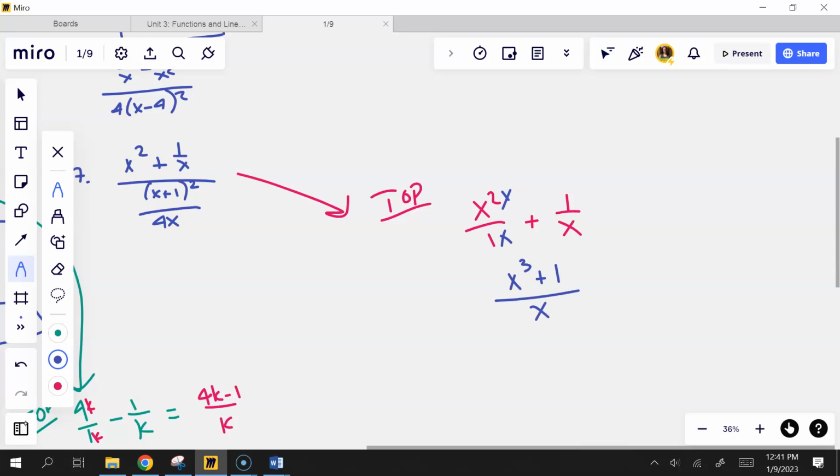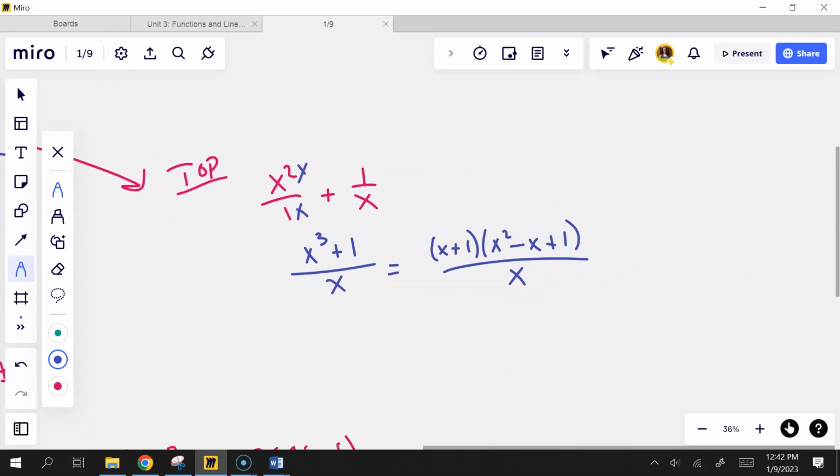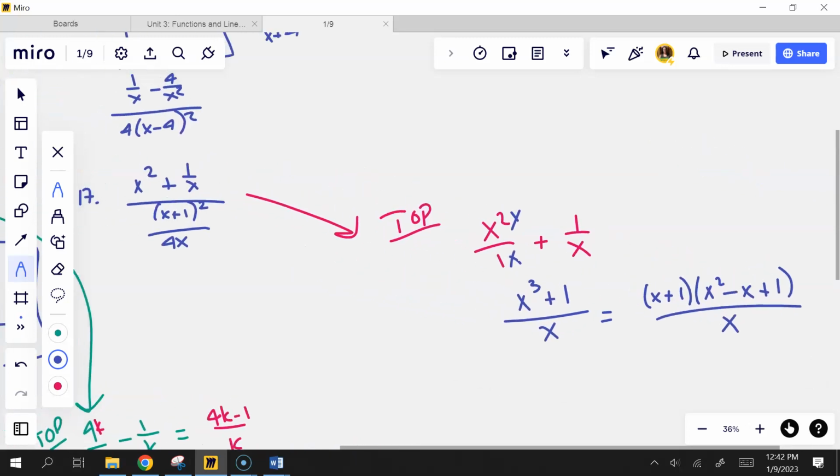The top of that is a sum of cubes, so it ends up being x plus 1 times x squared minus x plus 1. All right, there's top. I didn't even notice it. Bottom. X plus 1.